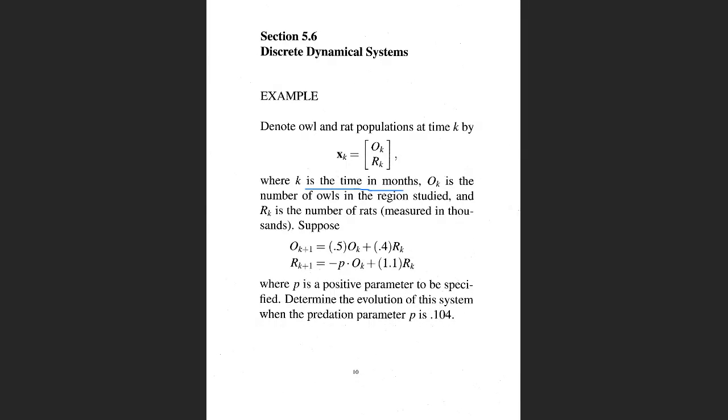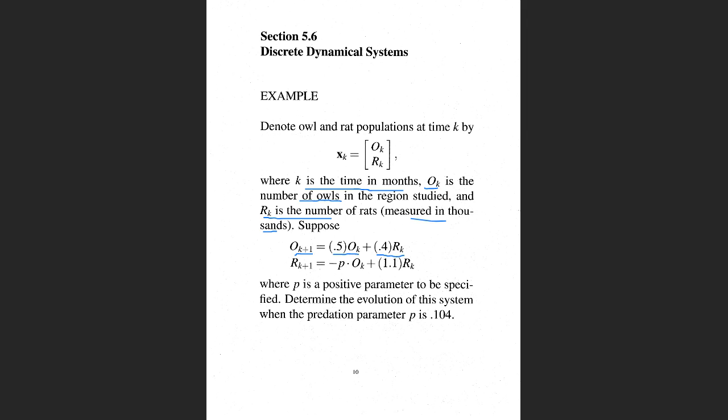O sub k is the number of owls in the region studied, and R sub k is the number of rats, measured in the thousands. And what we're saying is that in the k plus first month, the number of owls is equal to half times the number of owls in the previous month, plus a fourth times the number of rats from the previous month.